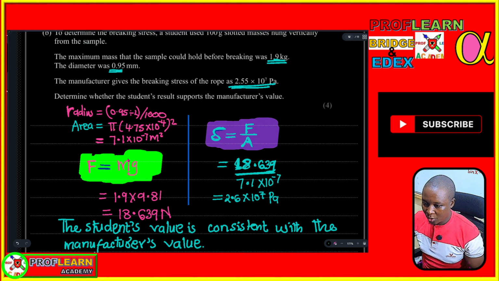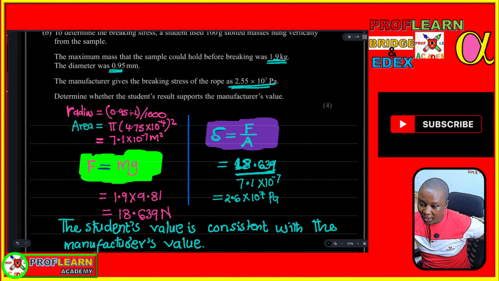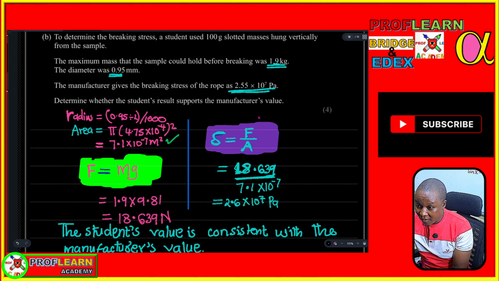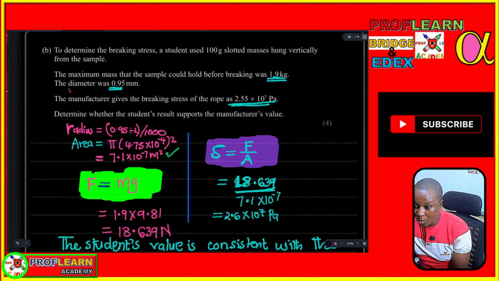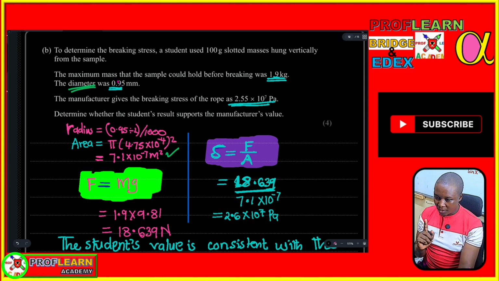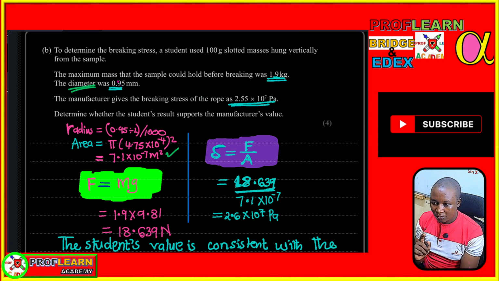So we were supposed to work out the area, and you need to remember you are given the diameter. This is where students always get it wrong. You are supposed to work out area using the radius, but you forget that the measurement you are given is the diameter. So you have to convert it to radius by dividing by 2, and also convert it to meters before you work it out.